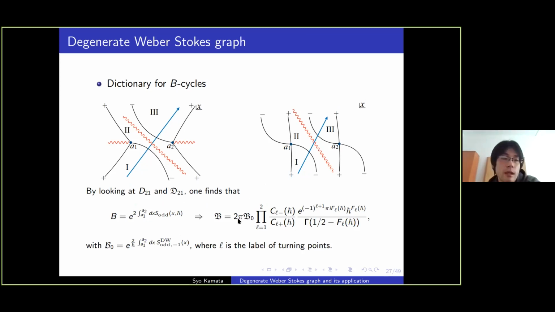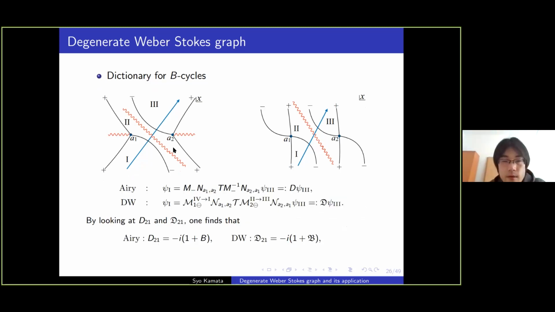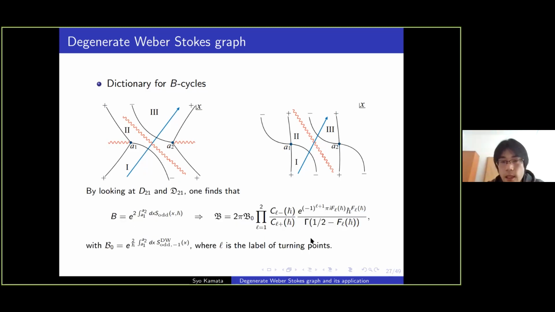Originally the definition of the B cycle is this integration, essentially twice the integration from here to there. If you look at this part, you can get this form.